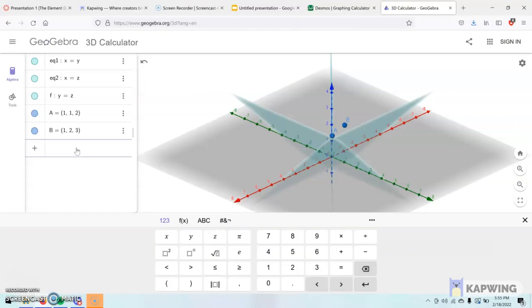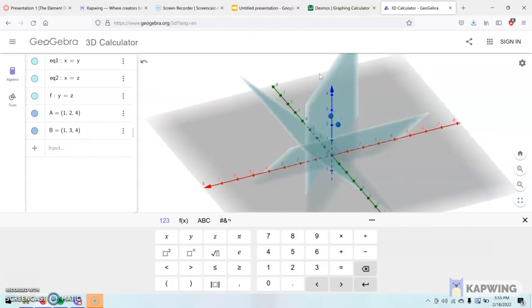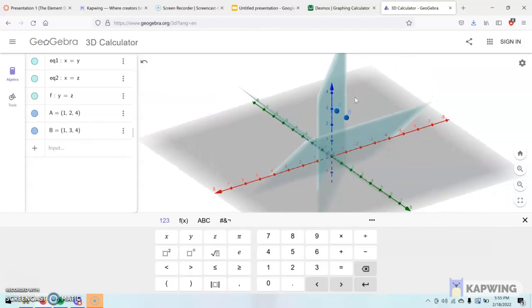Where if we say we have 1, 2, and 4, and we have 1, 2, 3, and 4, these end up in the same region, right? 1 is less than 2, 2 is less than 4. 1 is less than 3, 3 is less than 4.